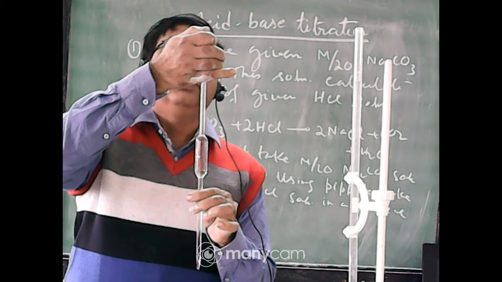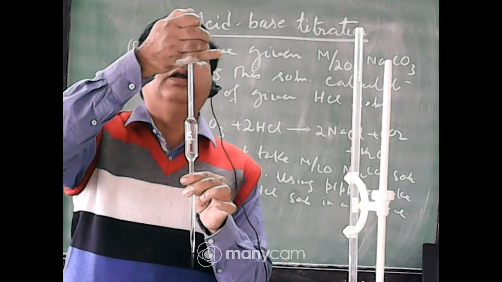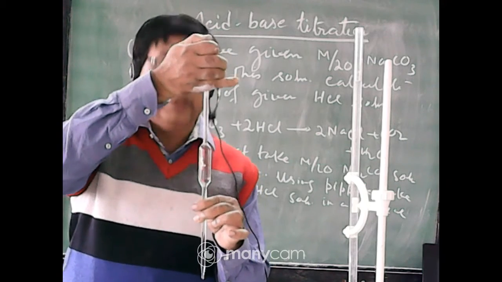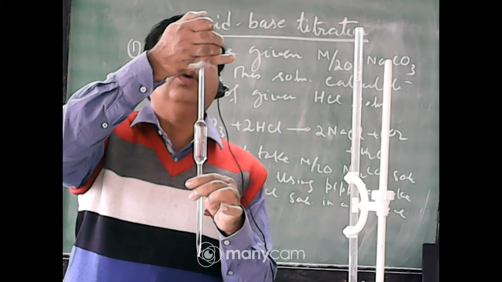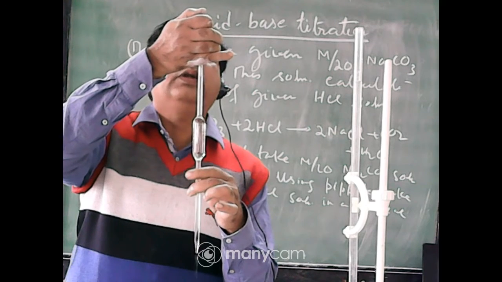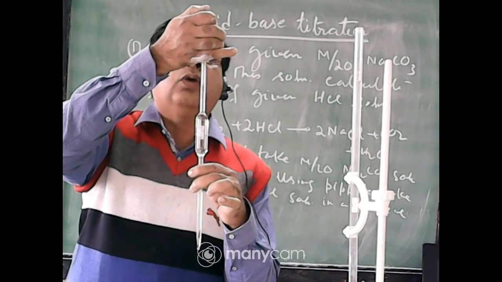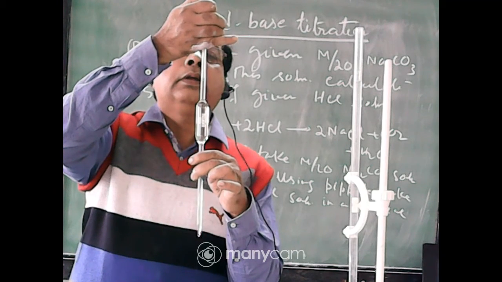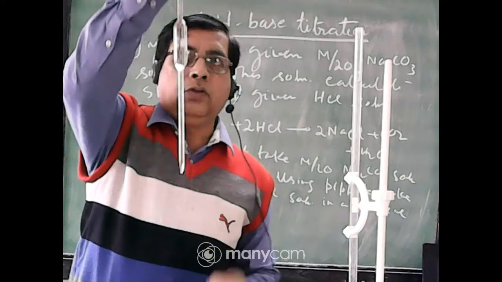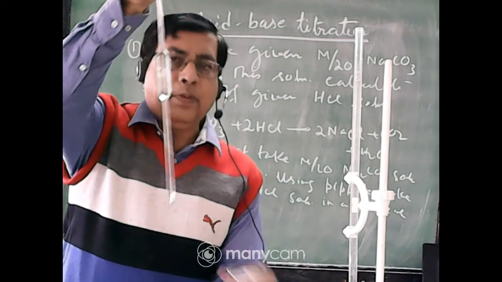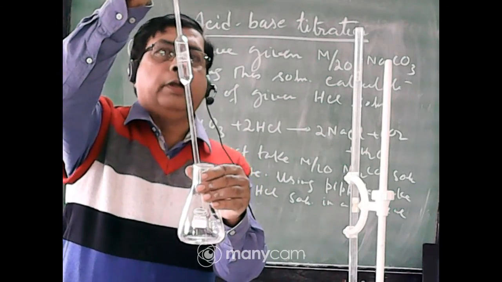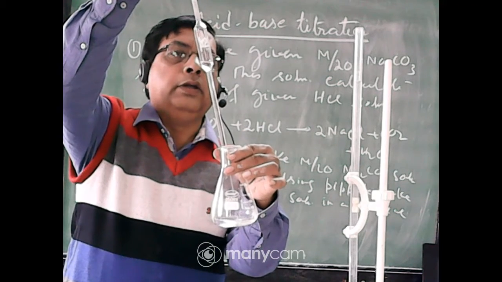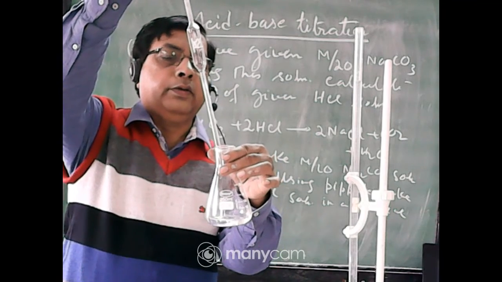When the situation becomes normal and you come to school, then you have to practice how to take the solution in the pipette. With the help of thumb, the solution is released until the 0 mark is reached. This solution is 25 ml HCl solution. You take it in the conical flask.